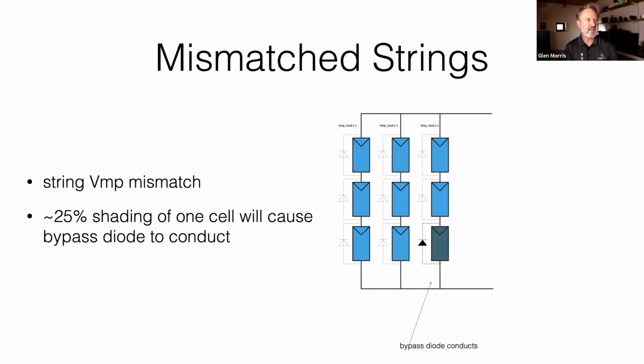But I wanted to point out in this, I think this is our last 2 slides in this sequence, that when you've got multiple strings, or even one string, and you get shading on a single panel, it will have an impact on that string and on the parallel strings connected to it. When you shade a panel, it will reduce its current. And like I said, the weakest link determines the current of all the panels in a series string.